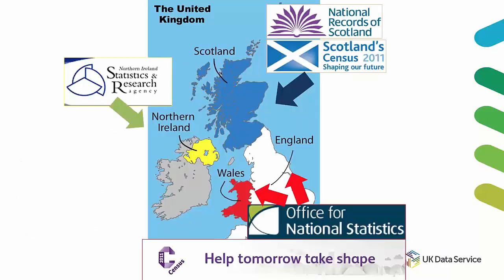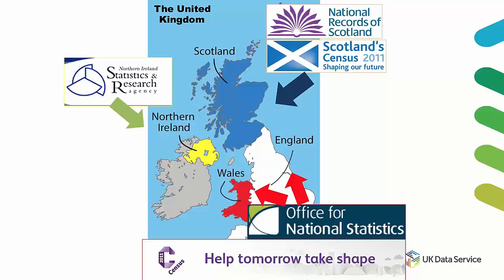So when we talk about the census, actually we're talking about three censuses. We have three separate census agencies: the Office for National Statistics in England and Wales, the National Records of Scotland in Scotland, and the Northern Ireland Statistics and Research Agency. There is a lot of coordination between the agencies.